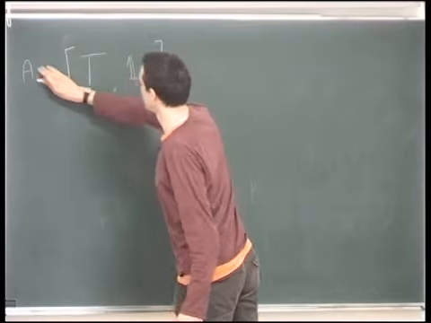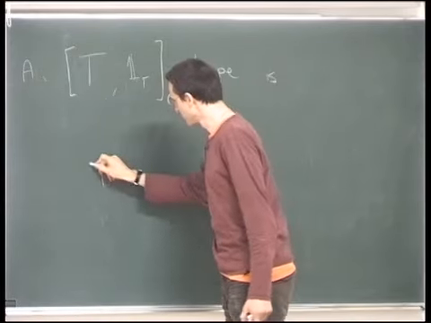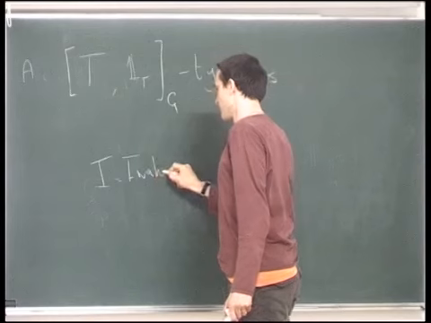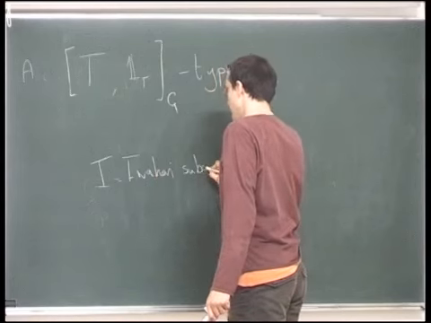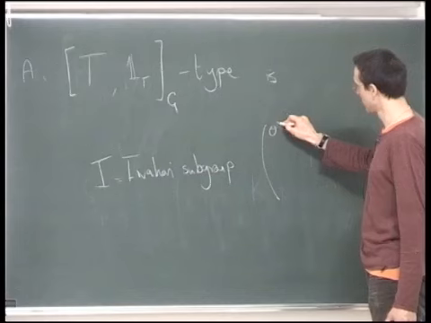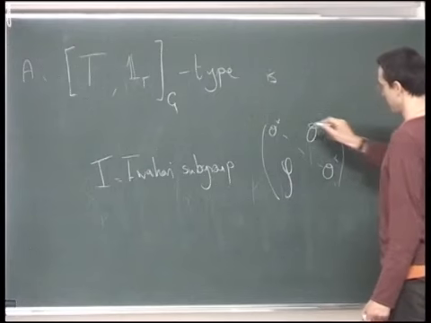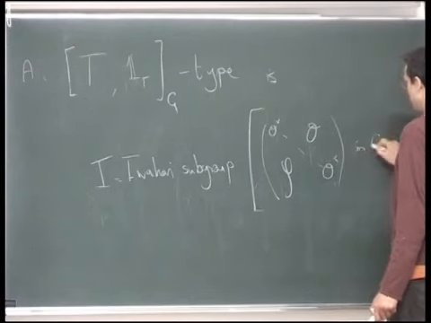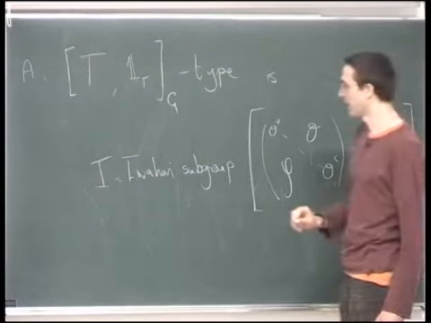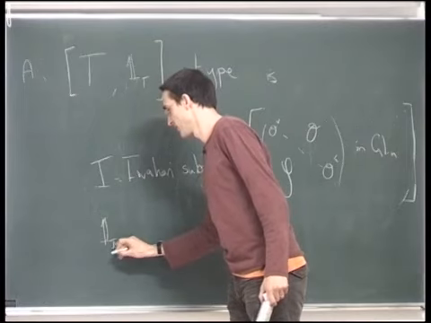It is the Iwahori subgroup, which for GL_N at least is the set of matrices which are upper triangular mod P, together with the trivial representation of the Iwahori.